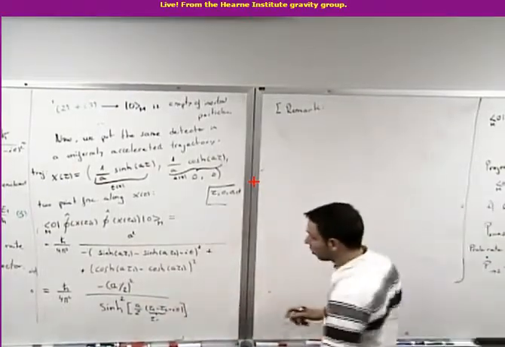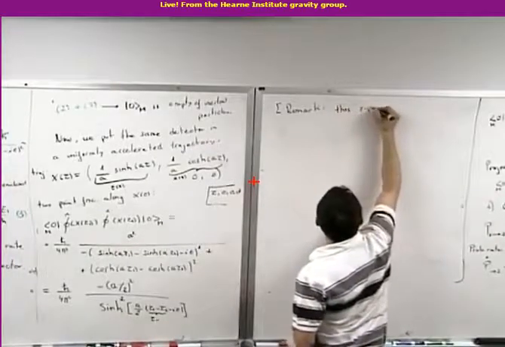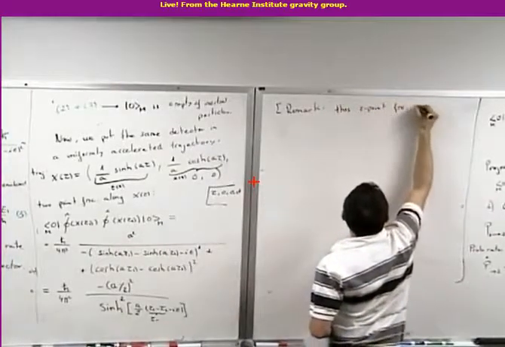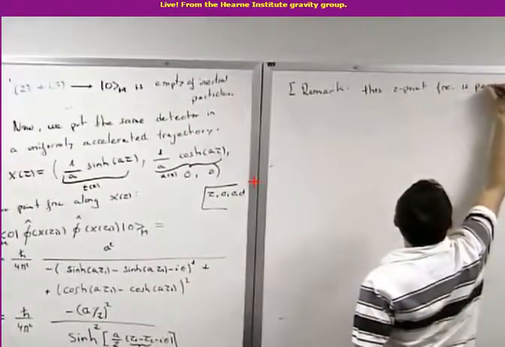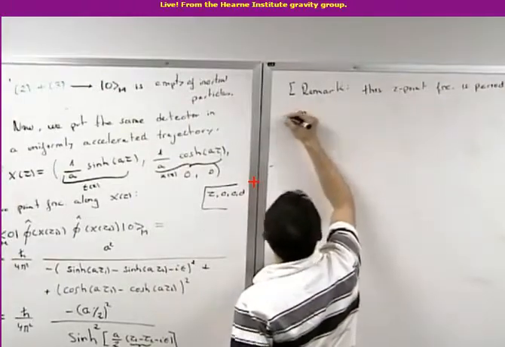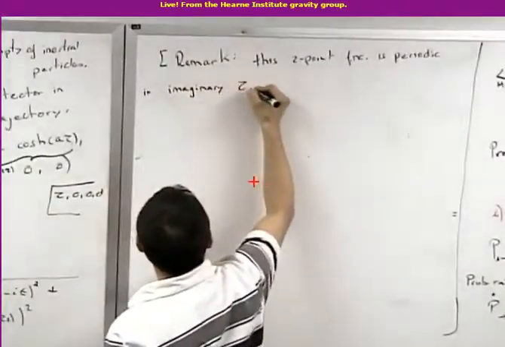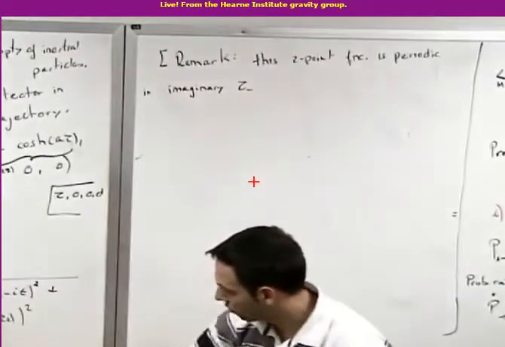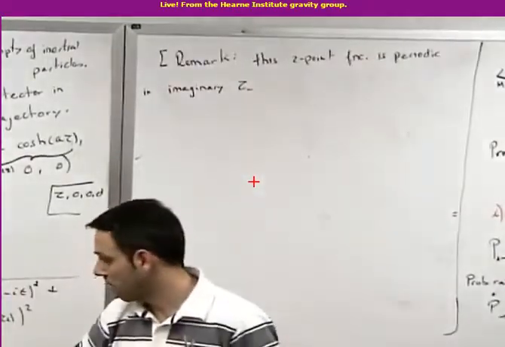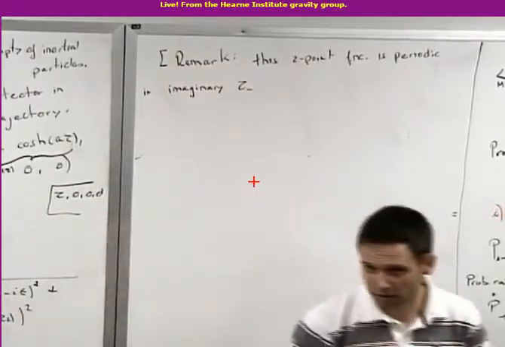This 2-point function is periodic in imaginary time. If you take time minus to be complex, this is a hyperbolic sine. So if I put an i there, it's like the sine, and the sine is periodic.